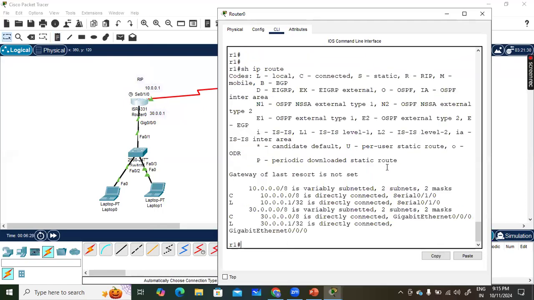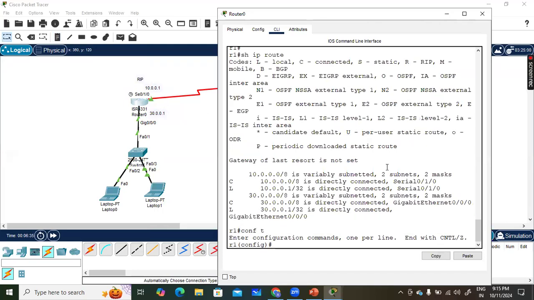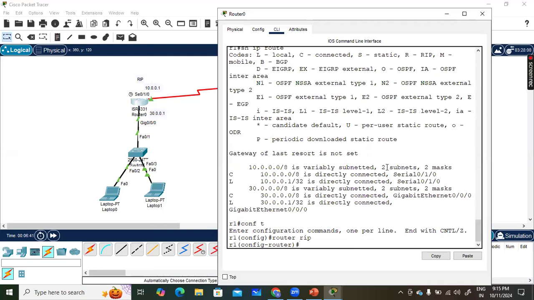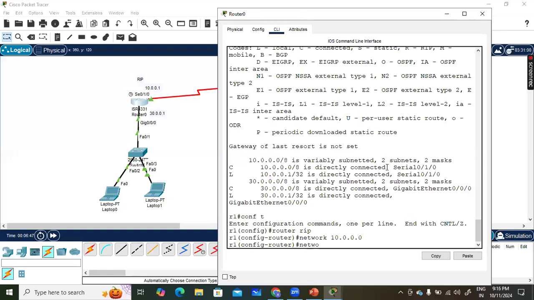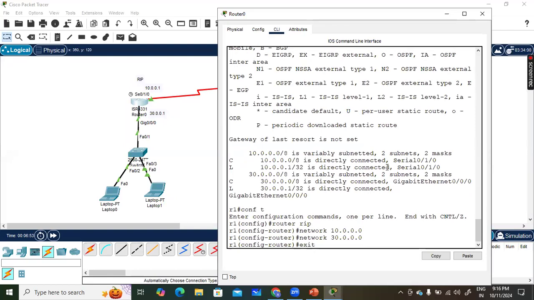Can we see the networks 10 and 30 visible in router 1? Configure terminal, router RIP, enter, network 10, enter, network 30, enter, and exit. That's it.